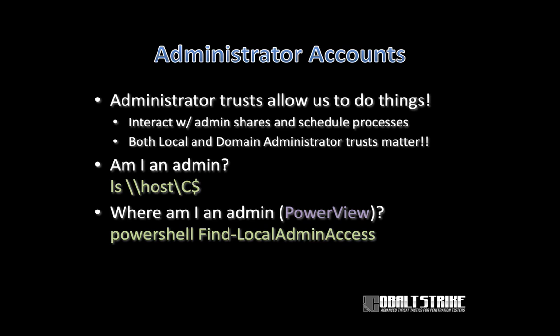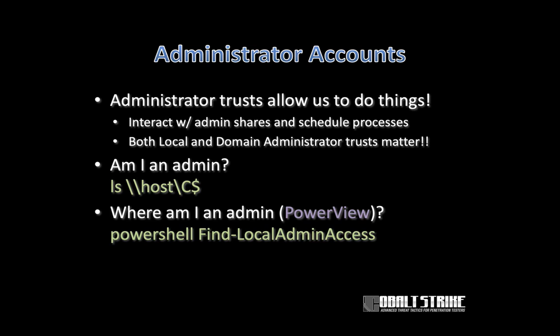But you don't always need domain administrator to do lateral movement. Pay attention to the local administrators. A local administrator is, again, an account that can administer a subset of systems within the domain. They just need to be a member of the administrators group on that Windows endpoint.